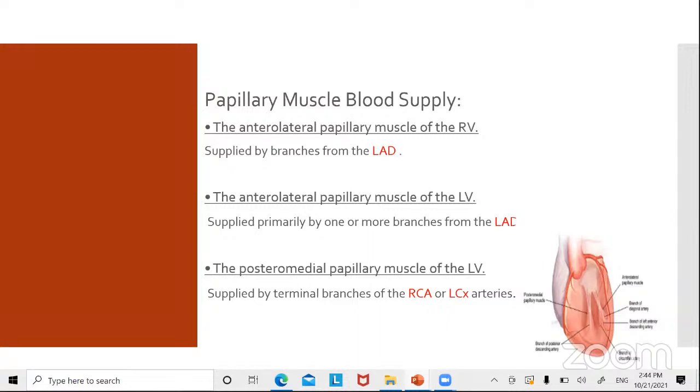The posteromedial papillary muscle of the LV is supplied by terminal branches of the RCA or left circumflex artery, depending on the distribution of these arteries to the inferior surface of the left ventricle.